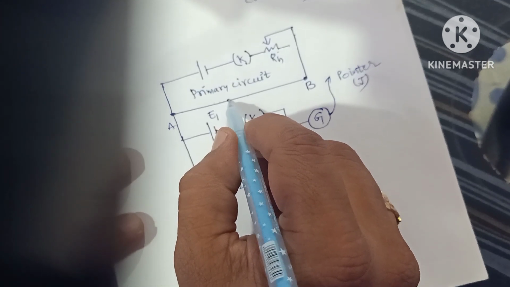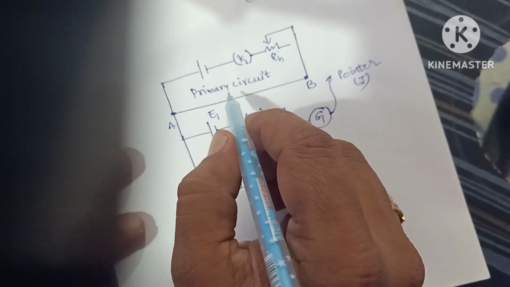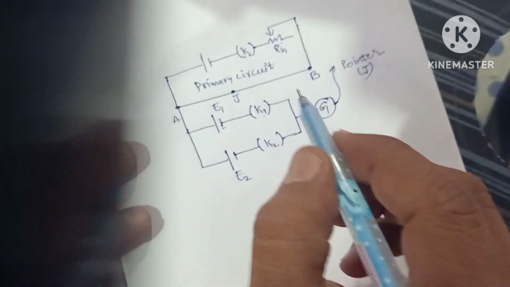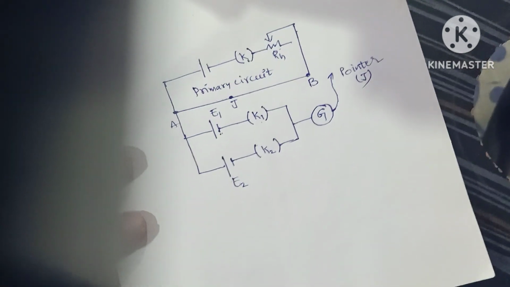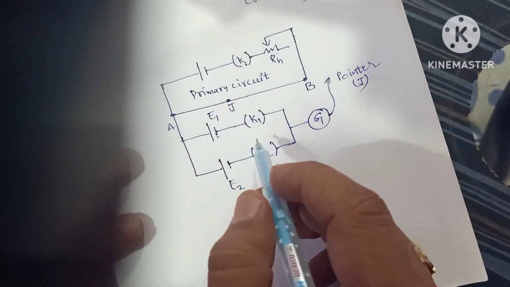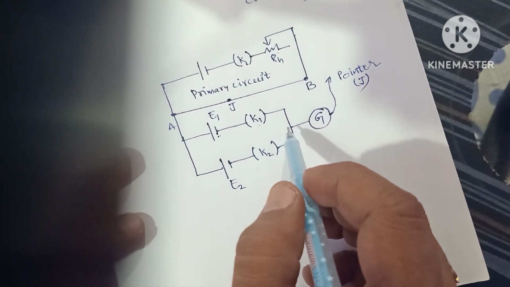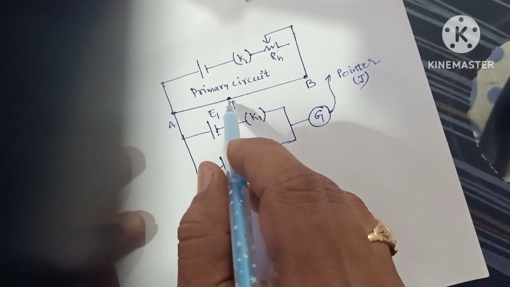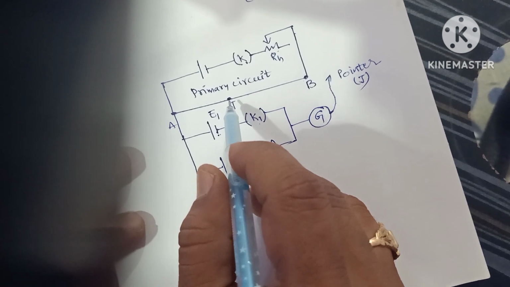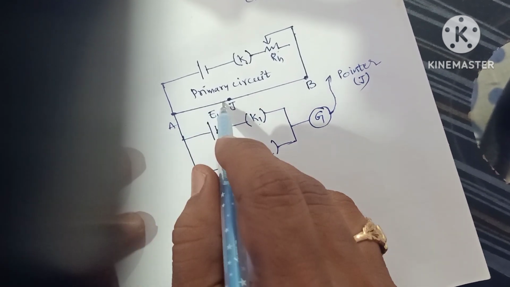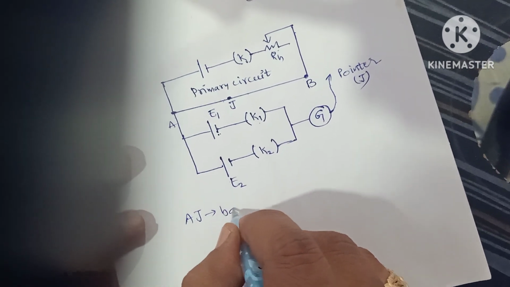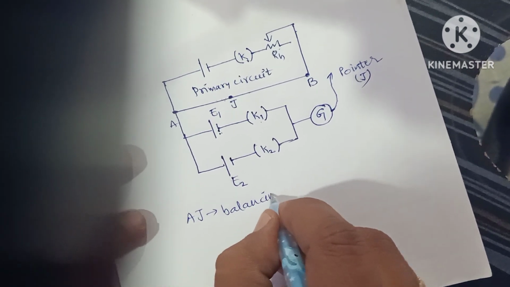While we are moving slowly from A to B, at some point J the galvanometer shows zero deflection, and that particular point we name J. This distance AJ is called the balancing length.